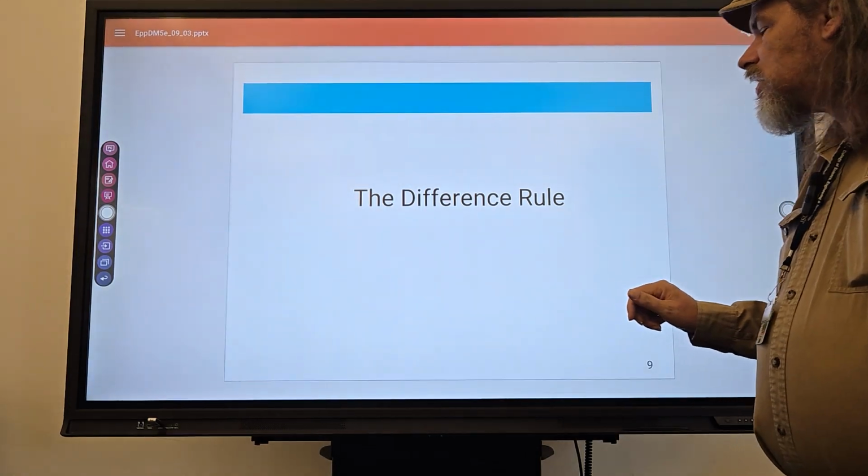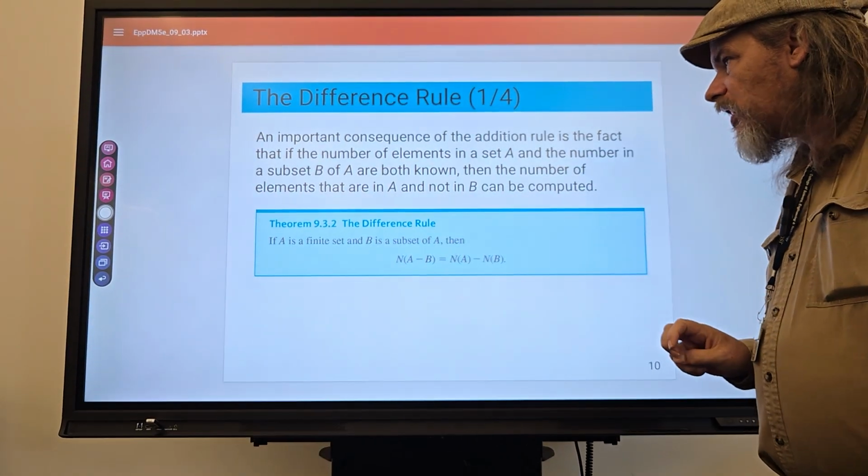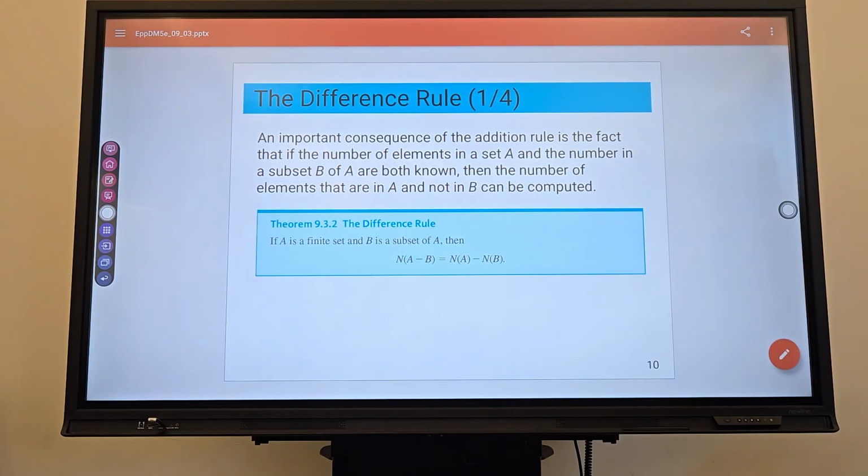So, the difference rule. An important consequence of the addition rule is the fact that if the number of elements in set A and the number of elements in a subset B of A are both known, then the number of elements that are in A and not in B can be computed.